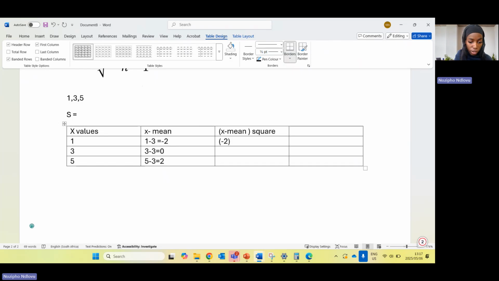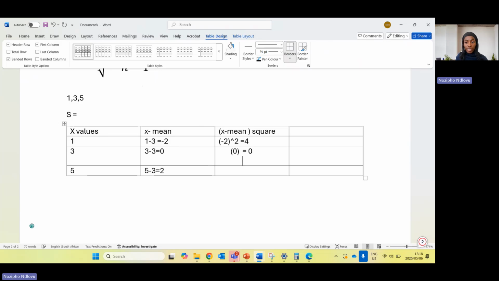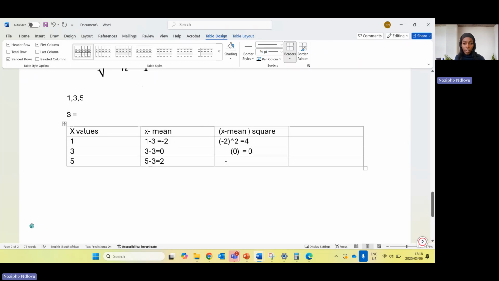What is negative 2 squared? It gives you a 4. Then here you have 0 squared, giving you still a 0. Here you will have 2 squared, you square it, then you find a positive 4.